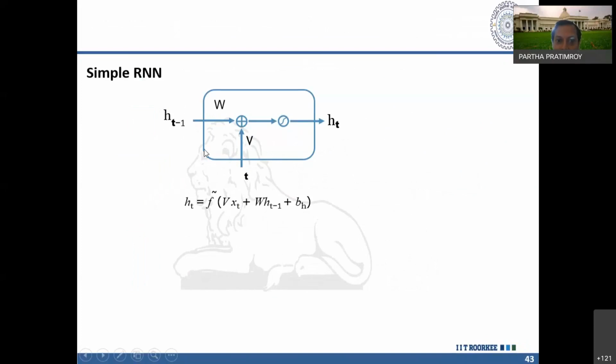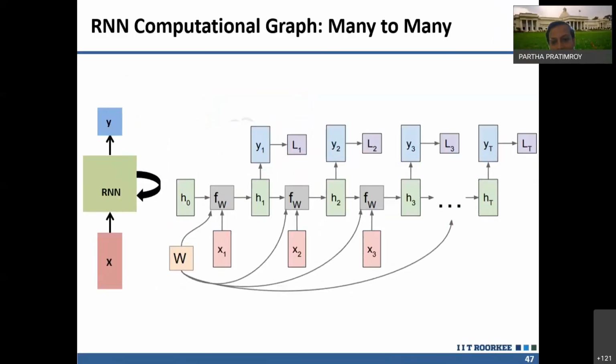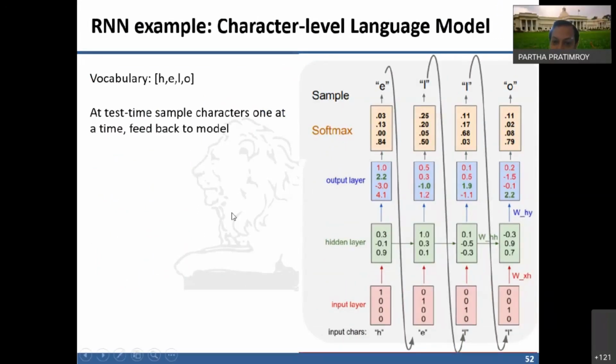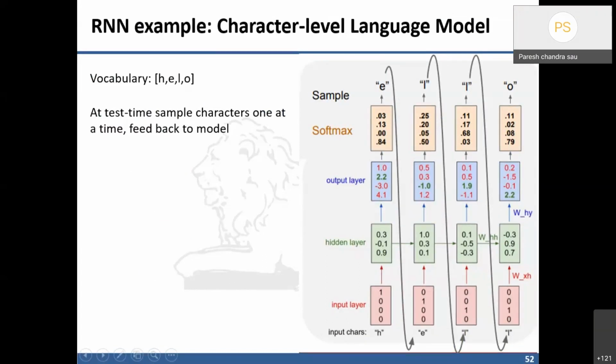HT is 3 and X is 4. So total how many inputs? 7. Now, 7 into, again bias is there. 7 is the input and the outcome is 3. So it will be 7 into 3, 21.